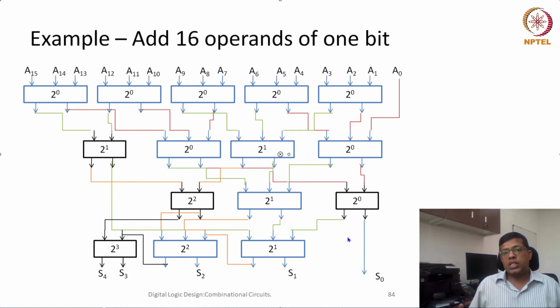If we try to do the same thing in an intuitive or naive way, we would require 16 additions, one after another. The delay cannot be less than 16 full adder delays. But in the later stages, let's say we have already added 7 operands, after that my output is going to be 4 bits.